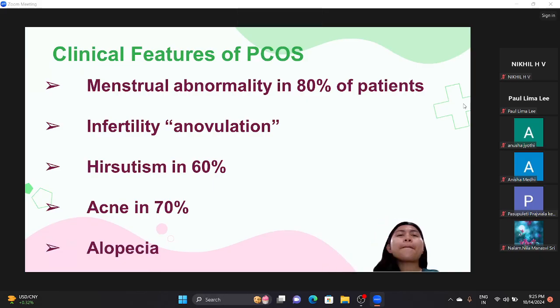Number 1, of course, menstrual abnormality, which is present in 80% of patients. Infertility or anovulation, number 2. Number 3, hirsutism in 60%. So, not all will manifest with hirsutism. Acne in 70% and alopecia. So, that's the clinical features of PCOS.